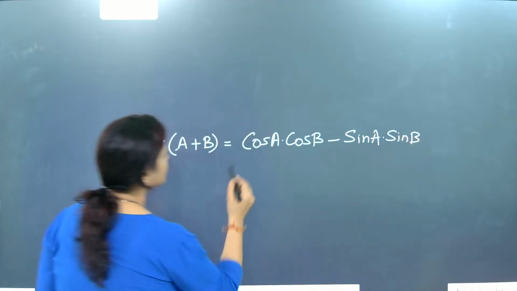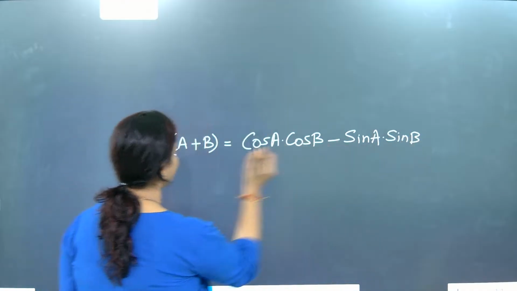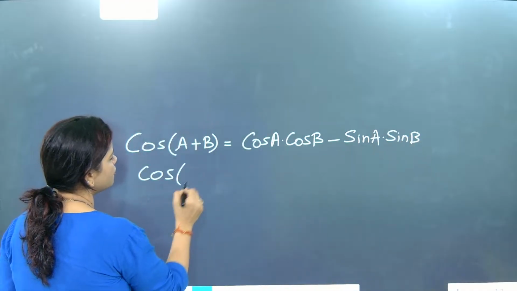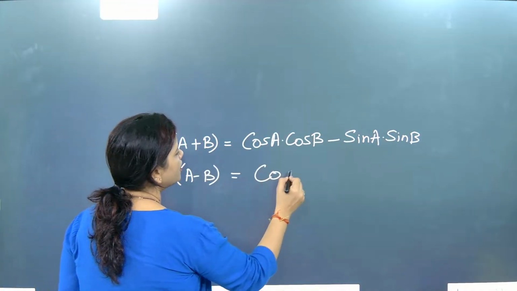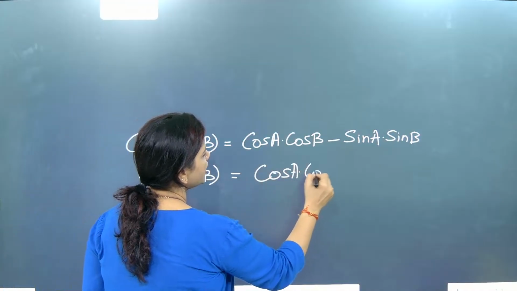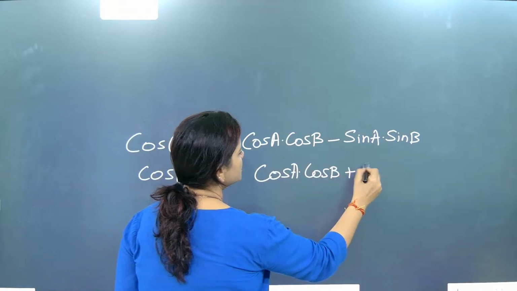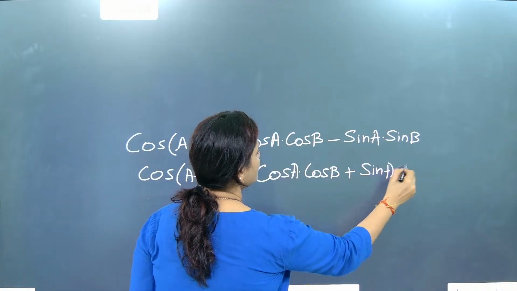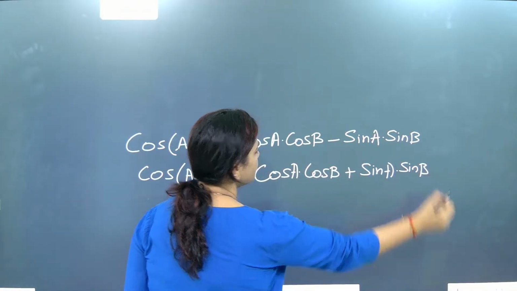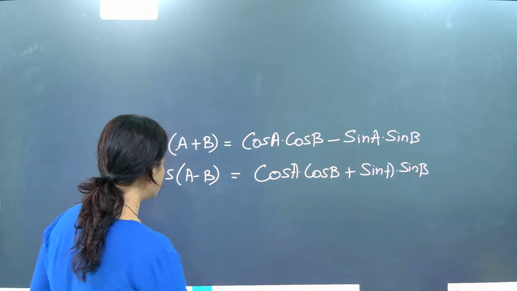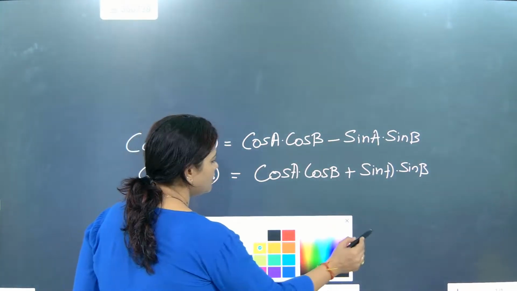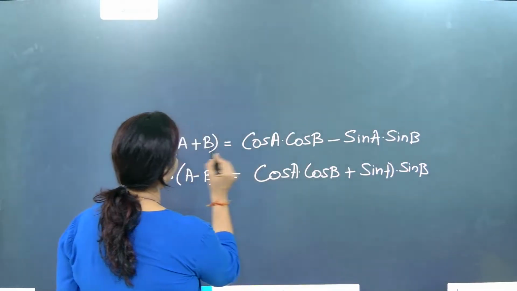Just see one thing. Cos A cos B, sin A sin B, and now cos of A minus B. When cos of A minus B is there, what will it become? Cos A cos B plus sin A sin B. This is the most important section. So just try to compare it, beta. I'm not discussing the acute part and the angle shifting.